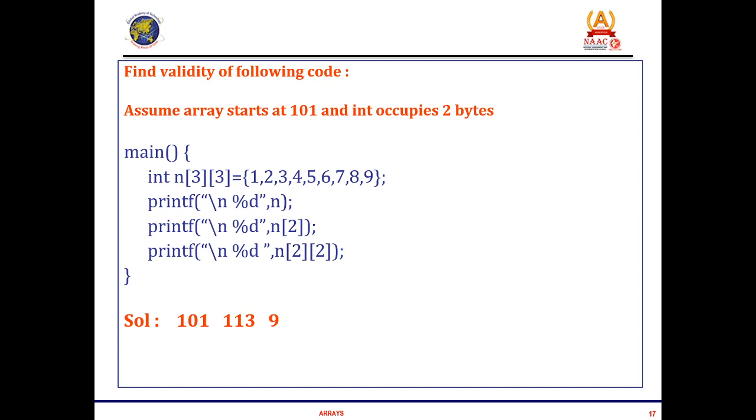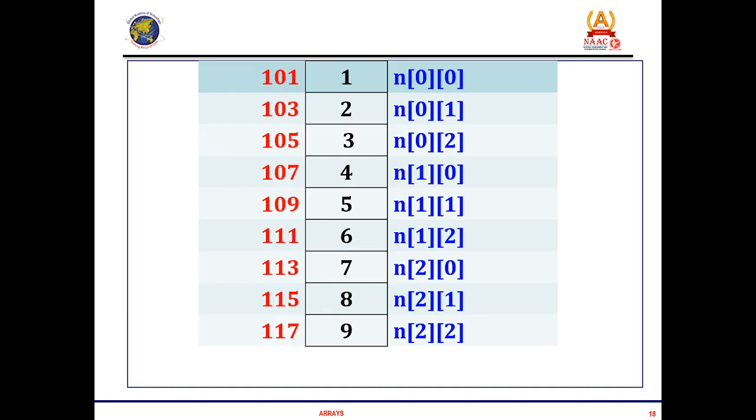I have n of 3, that means totally I have 9 elements, and my memory map is like this. I have given you a hint that you assume that your array starts at 101 and integer occupies 2 bytes. And hence, my first element is at address 101, and then I have 103, 105, and it goes up to 118.